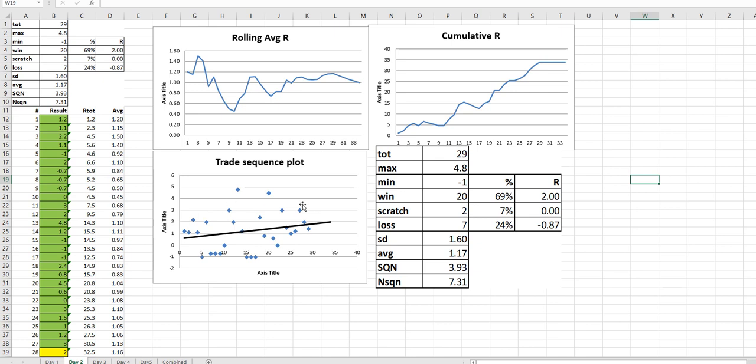This was our trade sequence plot, so trade 1, trade 2, and so on, based on the execution risk capture. So our execution risk is the risk that we take in the hypothesis of the trade.